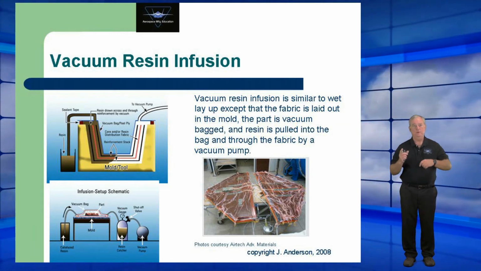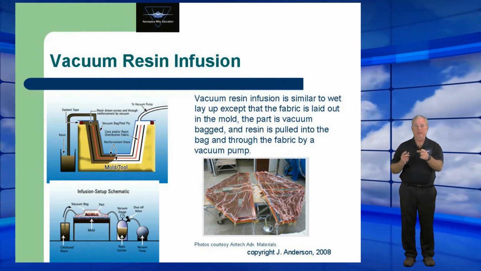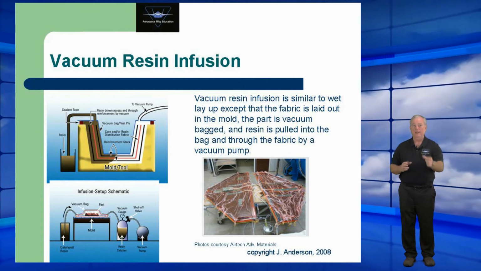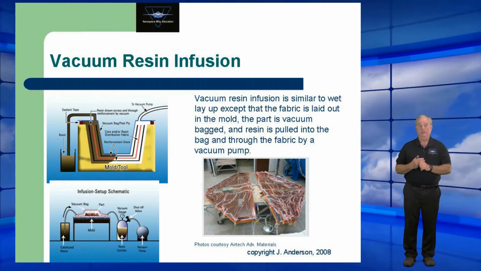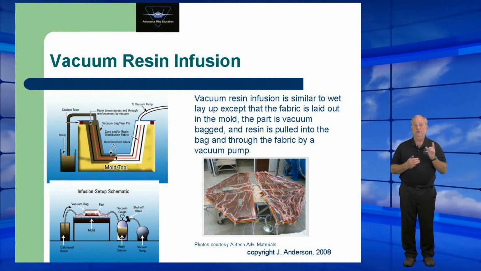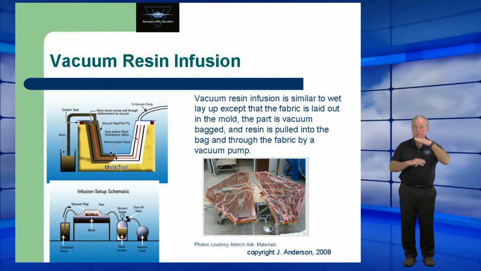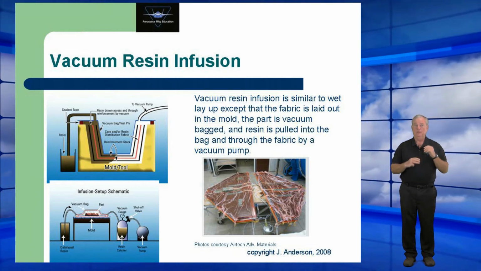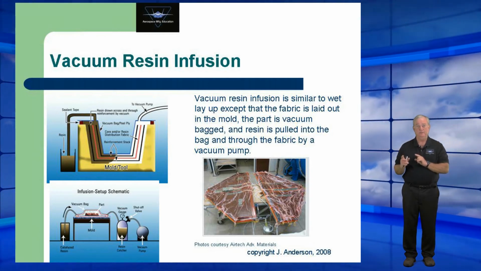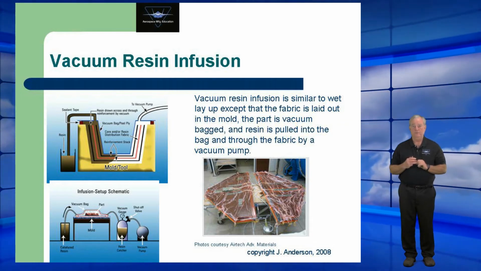So when we put vacuum on one side, we suck the resin up into the bag through and around the fibers and out the vacuum line into a reservoir. So we're only putting in enough material, we're pulling a vacuum at the same time so that the vacuum bag is pushing down on the fabric, and there's only enough room to put the plastic resin material that we're actually going to use, and it's very evenly distributed.